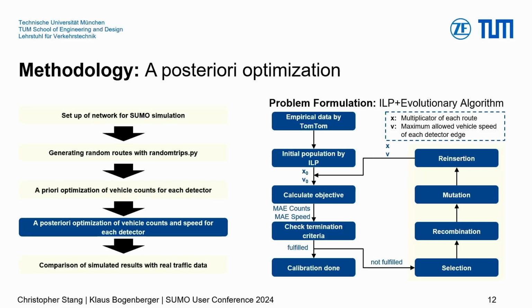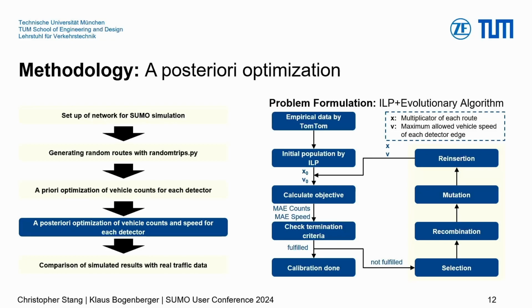First of all, we start, of course, with the input, with the empirical data provided by TomTom. We generate an initial population by adopting the integer linear programming. The initial population firstly just consists of the multipliers of each road.